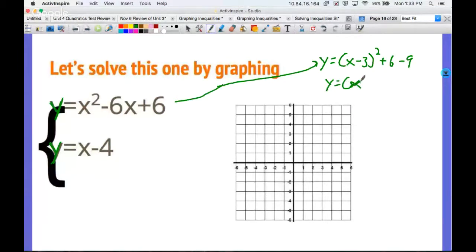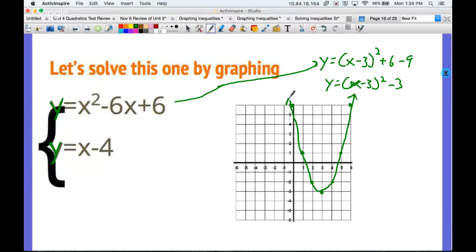X minus 3 squared minus 3. Let's put a point at 3 comma -3. Go up 1, 4, then 9. Goes the solid line.